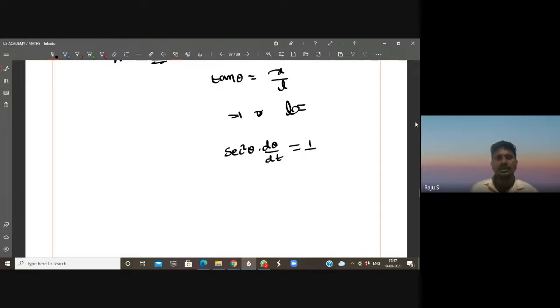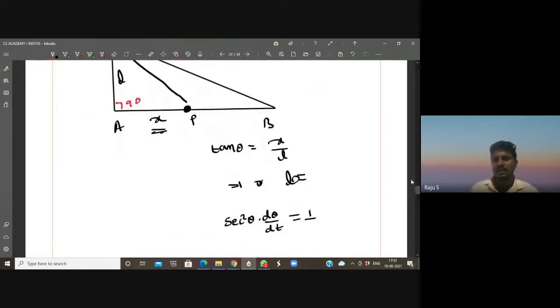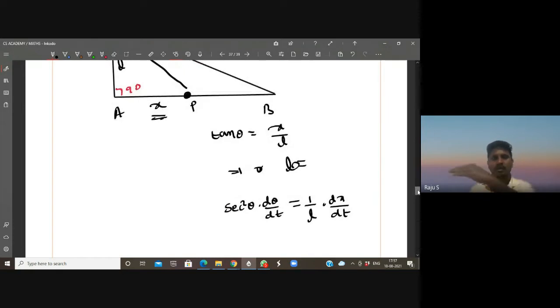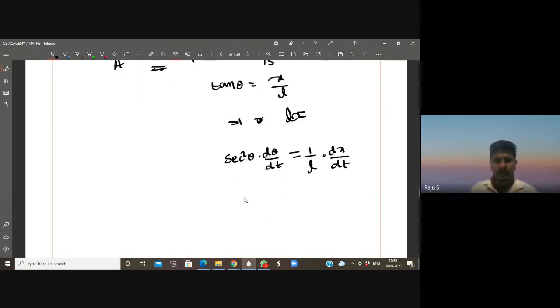L cannot change, it is a fixed distance, but the particle is moving, so x will change. So d theta by dt equals cos square theta times the rate of change of displacement, which is velocity v, by L.